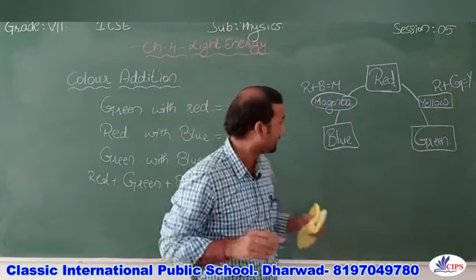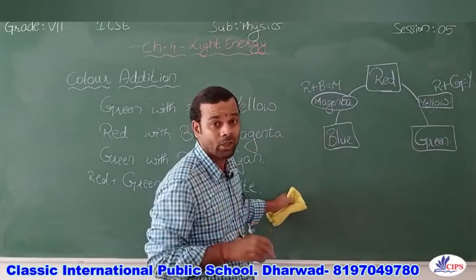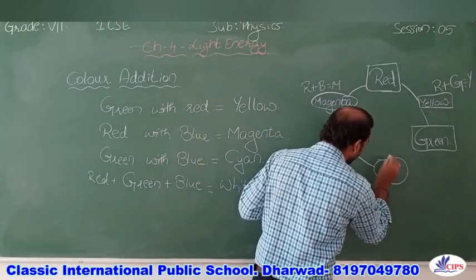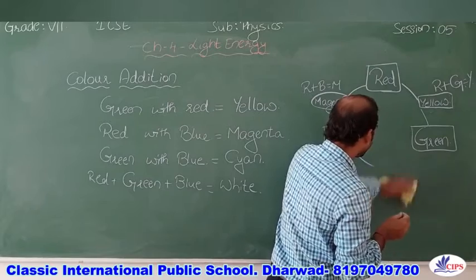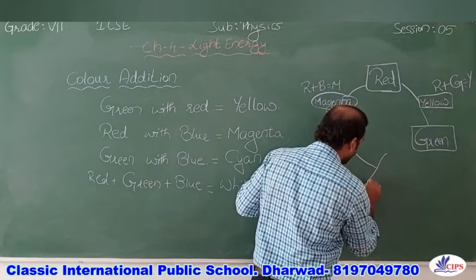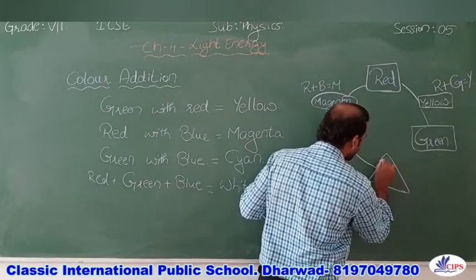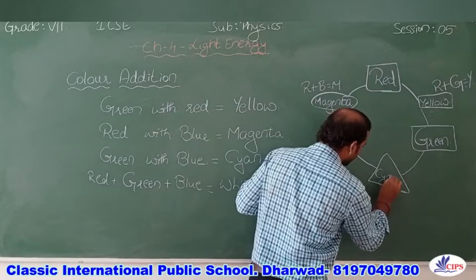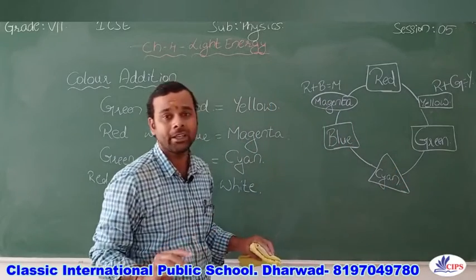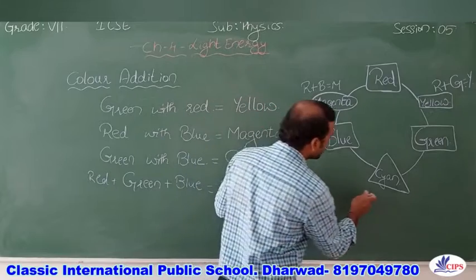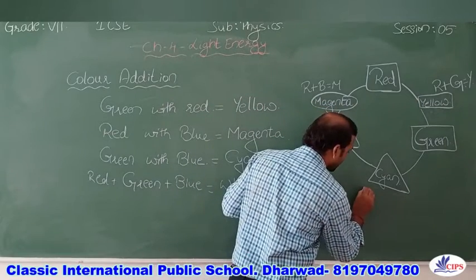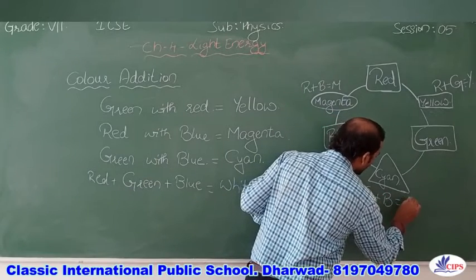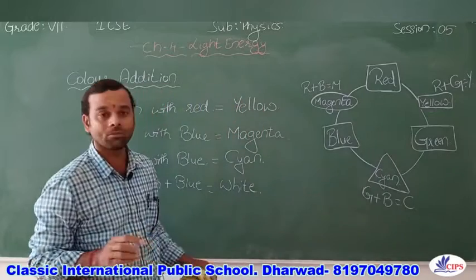Then we have blue and green also. Blue and green together gives the next color, that is cyan, CYAN, cyan. And this is written in the equation form as G plus B is equal to C. Clear?